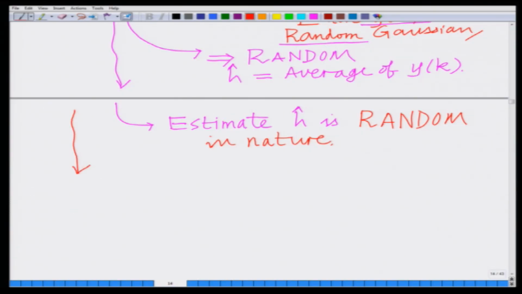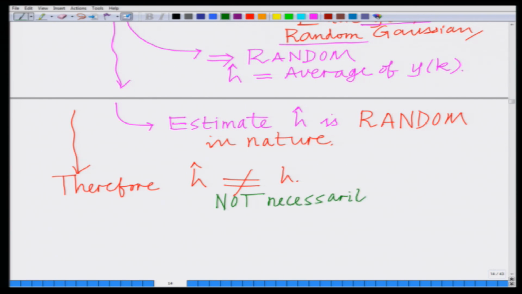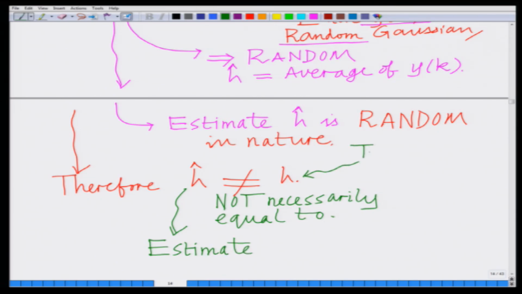The estimate is h hat, and h is the underlying true parameter which is unknown.